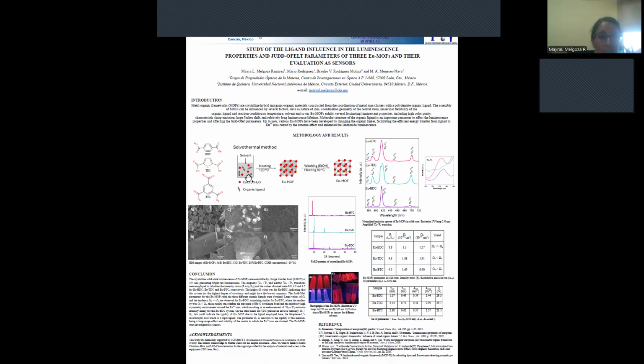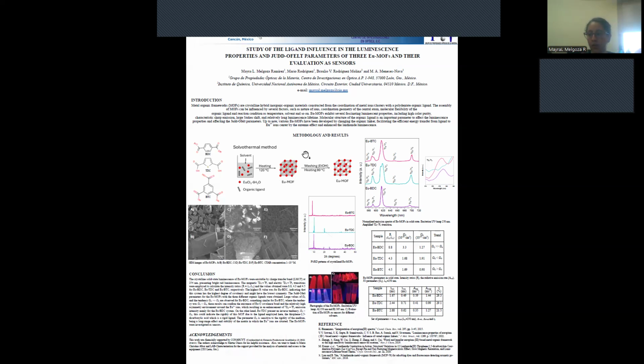The literature says that this ligand, TTC, is a rigid ligand, while these two have a little flexibility. So this is in accordance with what the literature says.